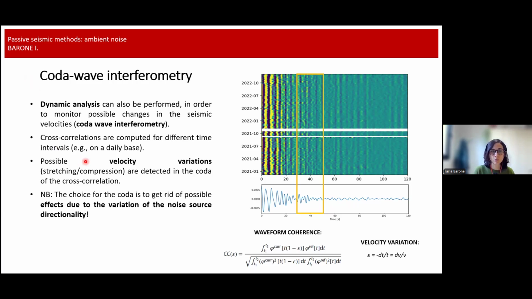For example, we could compute the noise cross correlations on a daily basis and retrieve many cross correlation functions for many days, and then apply Coda wave interferometry to get possible velocity variations or structural variations in the medium. The choice of analyzing the signal in the Coda is to get rid of possible effects due to the noise source directionality. And this is because the Coda, by definition, is the effect of multiple scattering in the medium.